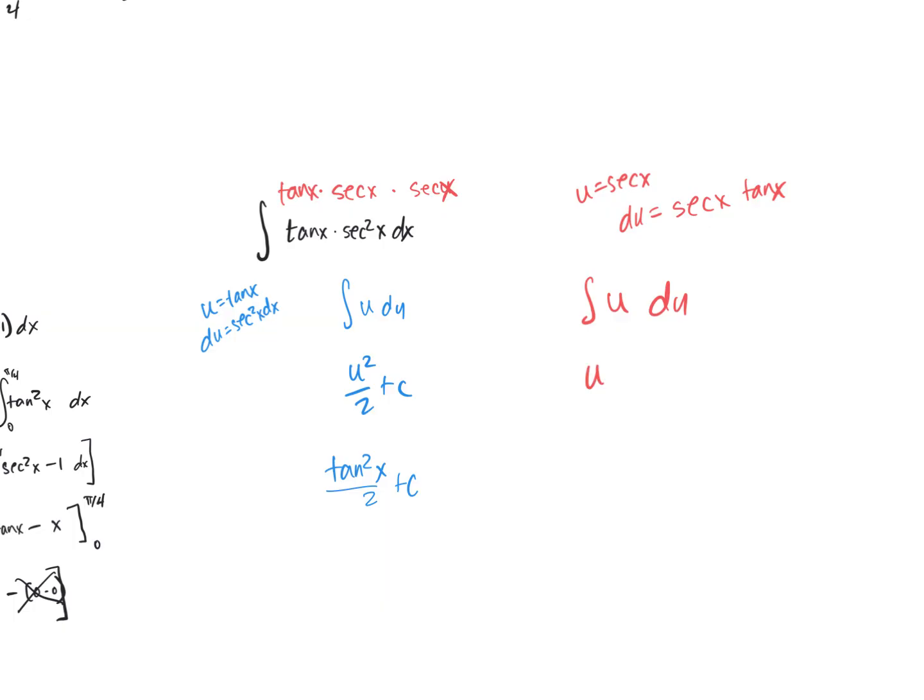And now I got u squared over 2 plus c, but now that's secant squared over 2 plus c. Now, you guys, what do we know about the relationship between tangent squared and secant squared? What's the difference between tangent squared and secant squared? It's either 1 or negative 1, right?